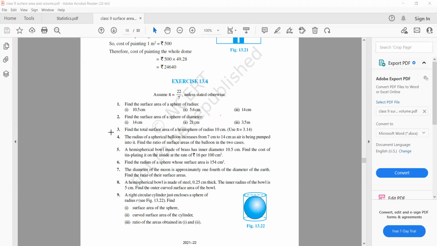Okay, so ratio of surface area is equal to surface area of smaller balloon divided by surface area of larger balloon.